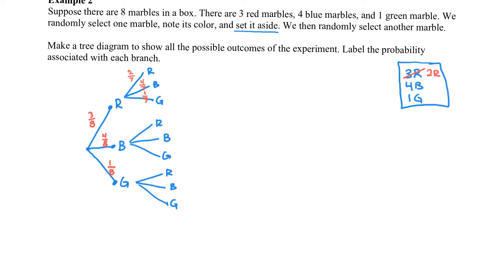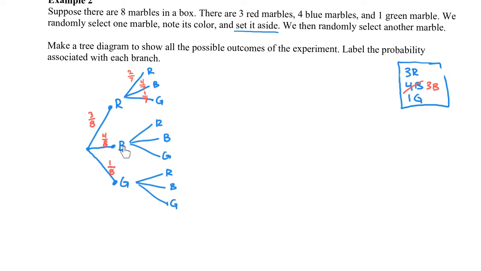All right, so to figure these out, we're not in this situation anymore, so I'm going to get rid of the red marble. Get rid of this part. Let me just rewrite 3 red there. So for figuring out these, we're assuming we've already chosen a blue marble, right? We've chosen a blue marble, so we don't have 4 blues, we have 3 blues. So when we figure out these probabilities, we're assuming we've already chosen a blue marble. Since we're not putting the marbles back, we're setting it aside.